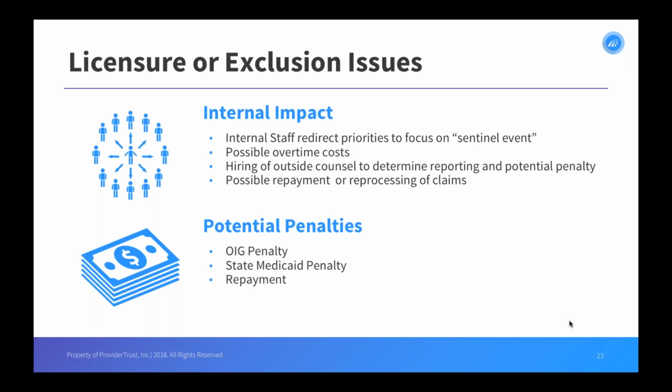So those are just very specific internal impact situations. And then there are those penalties that we talked about. Is there an OIG penalty, something that we have to self-disclose? Are there state Medicaid penalties? And again, repayment. So internal and external dollars, both outside of the organization, that are directly impacted by a license or exclusion situation.